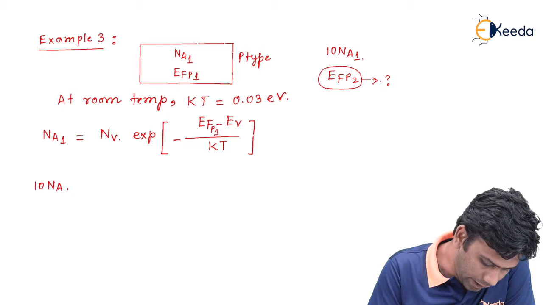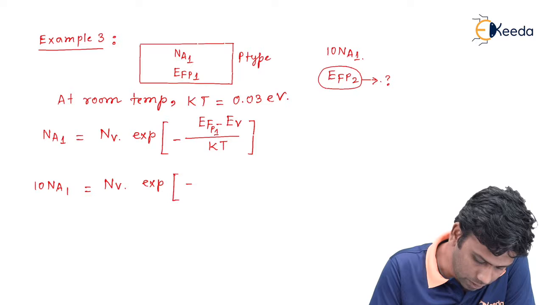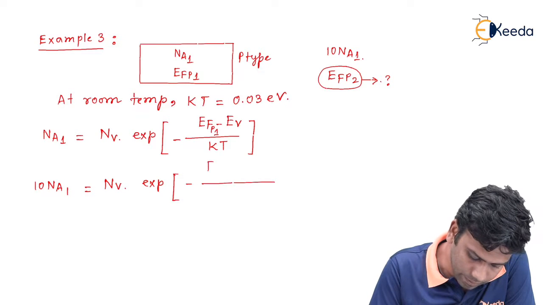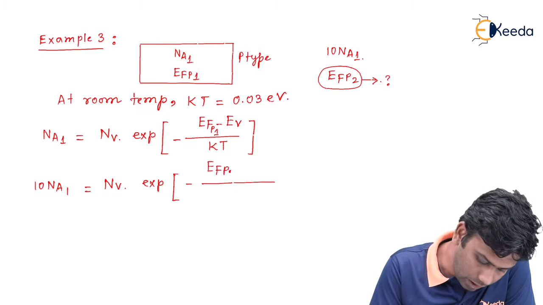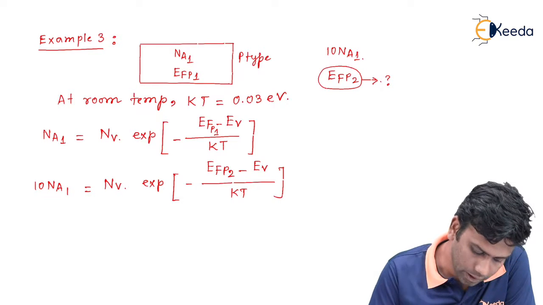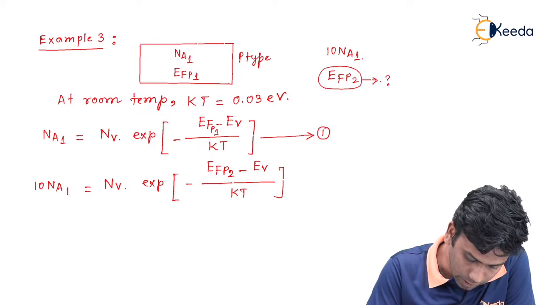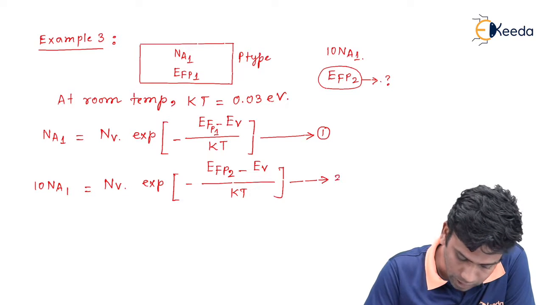Similarly, for 10 Na1, we can write it as Nv exponential minus (EFP2 minus Ev) divided by kT. So let us name these two equations as equation number 1 and equation number 2.